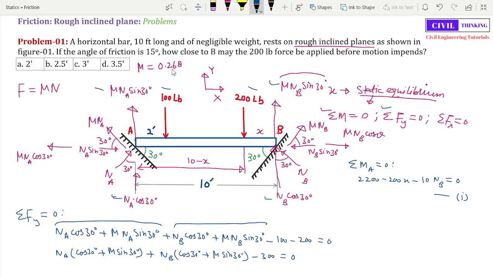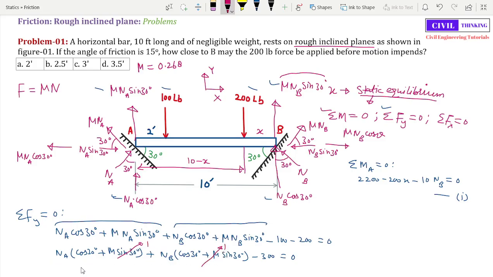Now mu is 0.268, so let me put the value. Cos 30 degrees plus mu, which is 0.268, multiplied by sine 30 degrees. All right, it is 1. Okay, so this is 1, all of it. This is 1 and this is also 1.